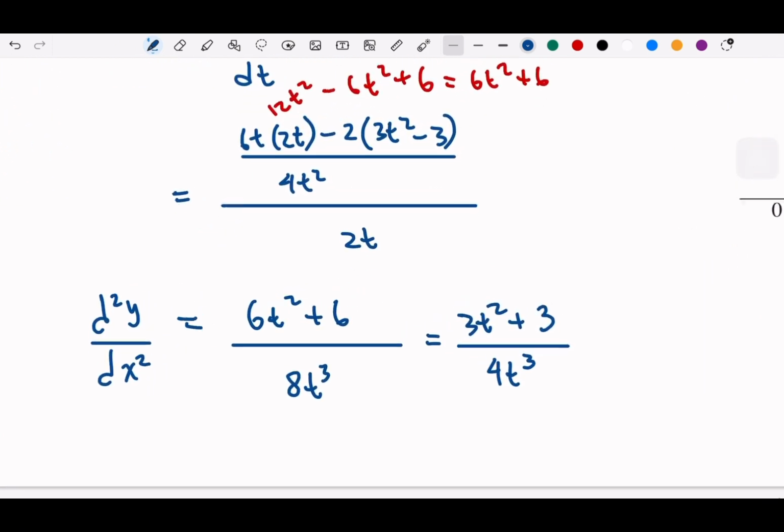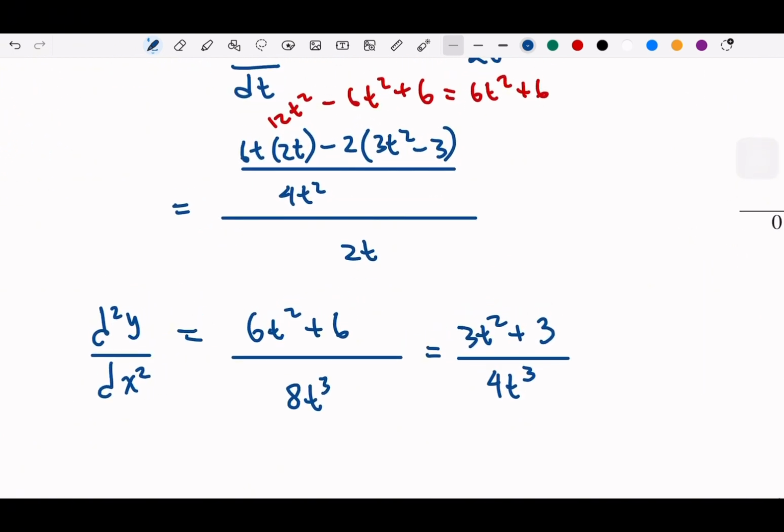So from here, what we can do now is basically take some trial, probably t equals 0. So let's say we have t equals 0 here.